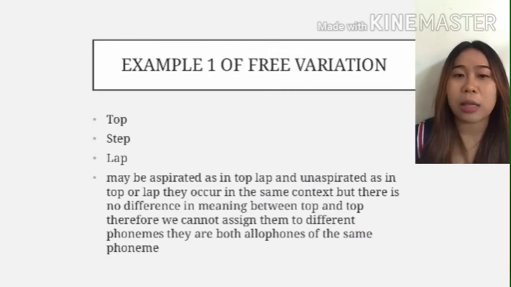They occur in the same context, but there is no difference in meaning between top and top. Therefore, we cannot assign them to different phonemes because they are both allophones of the same phoneme.